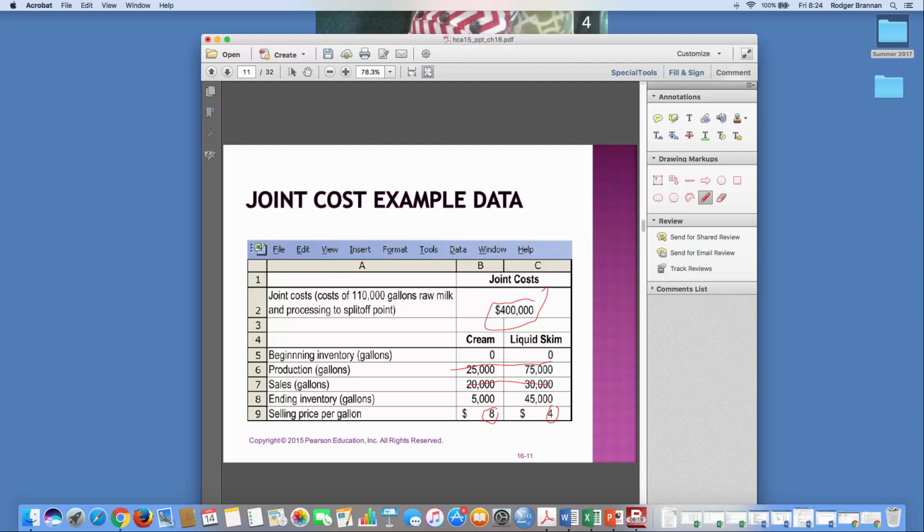for $8 per gallon, and the liquid skim can be sold for $4. The sales value at the split-off point is often considered the most objective because you know what the market value is. Anything that happens beyond the split-off point, you may have good information about, but it's not quite as solid in terms of information.